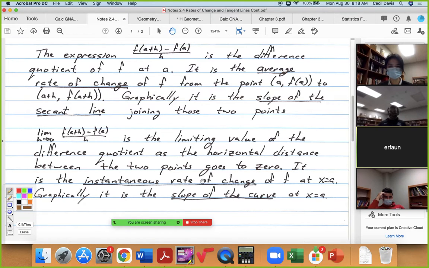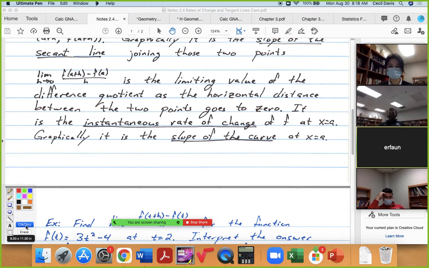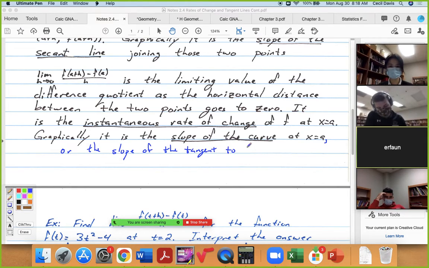And graphically, it's the slope of the curve at x equals a, or, and we'll add this on, make that a comma, or the slope of the tangent to f at x equals a.